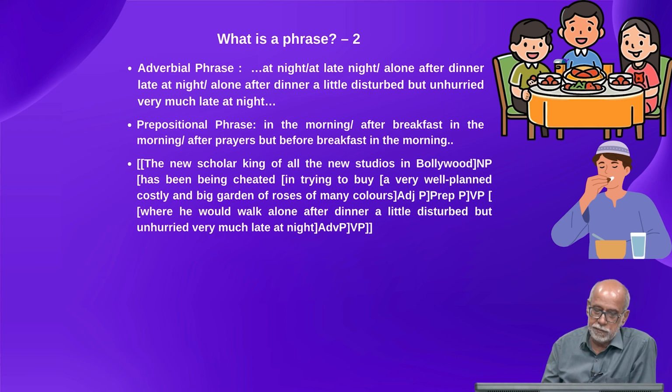Just say in this sentence how, and you can also try. The new scholar king of all the new studios in Bollywood has been being cheated in trying to buy a very well planned, costly and big garden of roses.